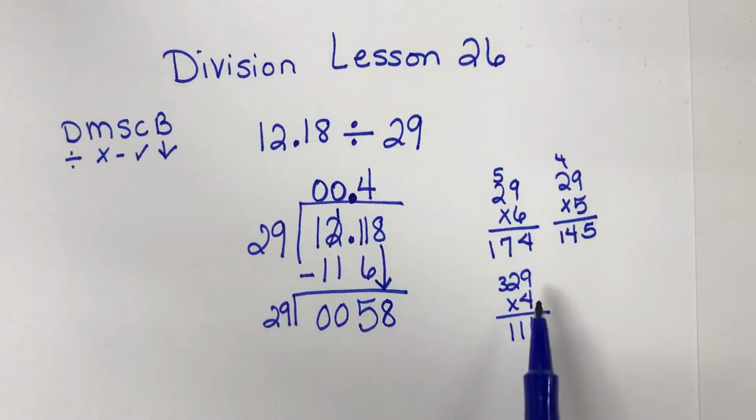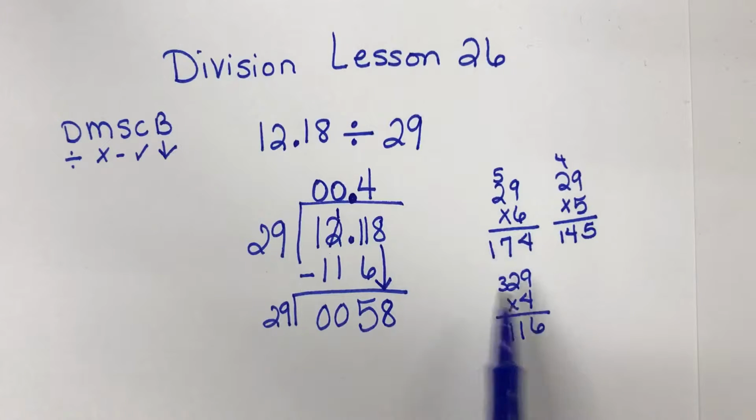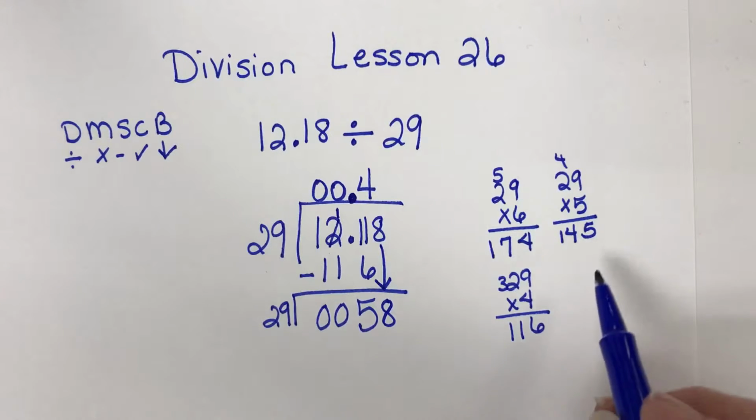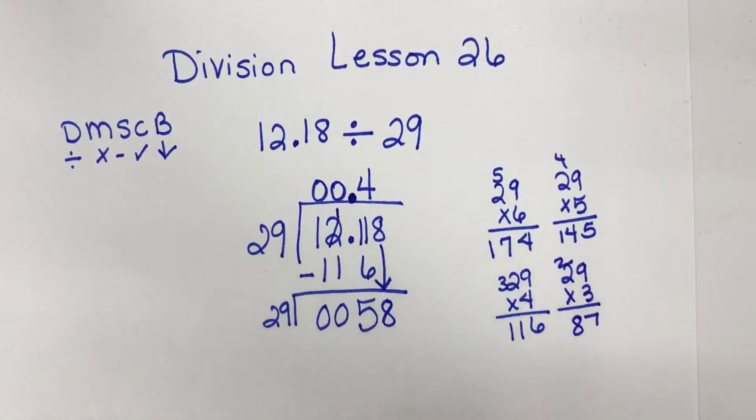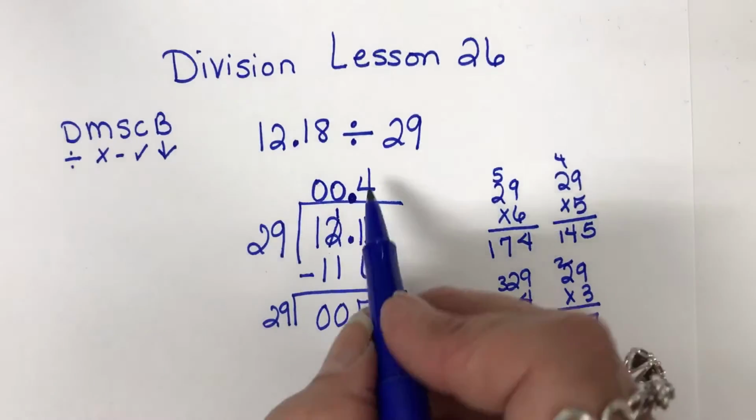Well, I've already tested some numbers over here. So I'm going to try 29 times 3. That's 87. That's too big, so I'm going to do 29 times 2. 29 times 2 is 58.